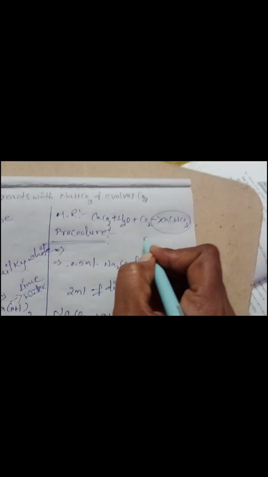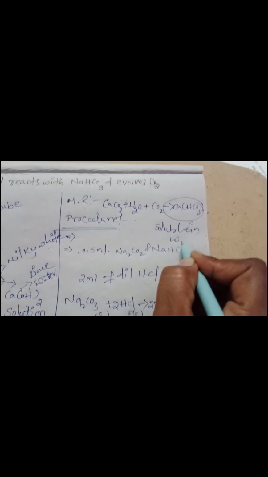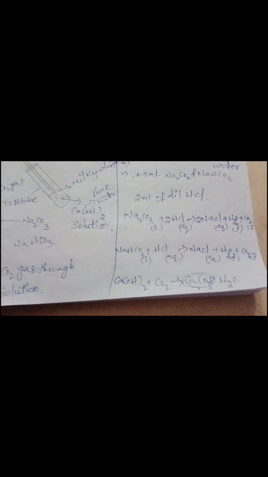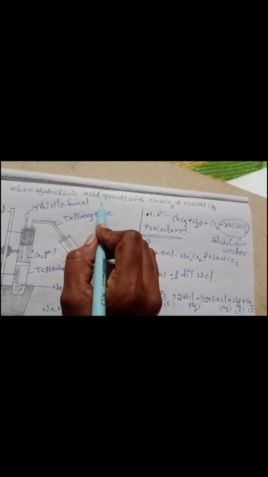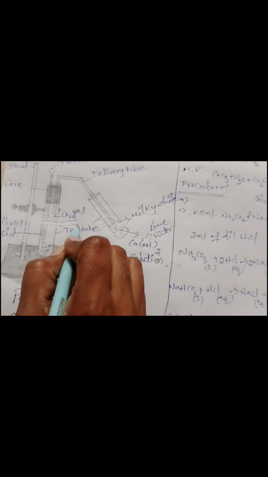It is soluble in water. From this activity we can conclude that when metal carbonates or metal hydrogen carbonates react with acids, they release carbon dioxide gas. These are the chemical reactions and this is the diagram.